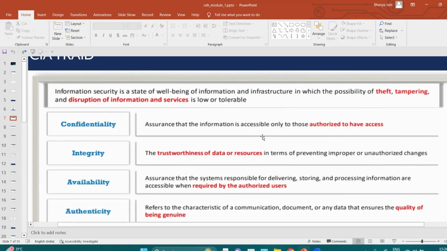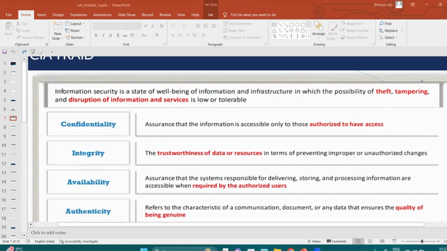We are protecting what is important to us: the information, which is the data, and the infra, which is the systems and devices that transmit, store, or process the data. They should be secure enough to handle some low-level risk, so that the possibility of any theft, attack, or breach is tolerable or low. That is the basic definition of information security.